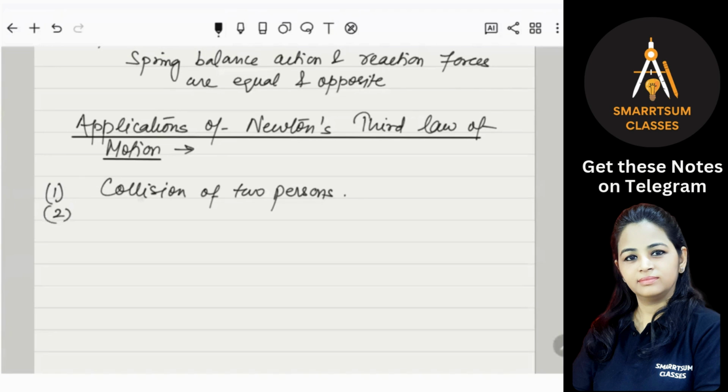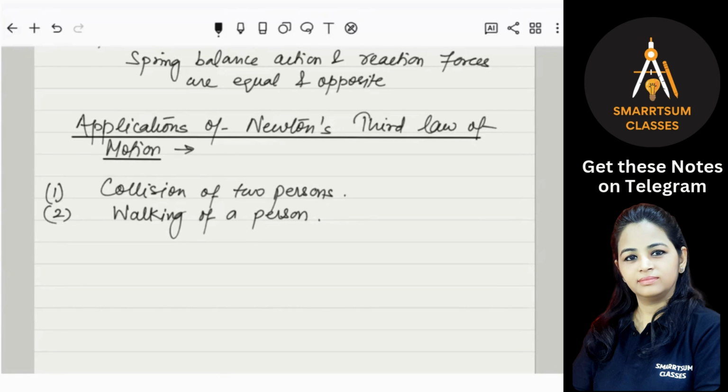Then the second example, walking of a person. How is a person able to walk on the ground? Because of Newton's third law of motion. During walking, a person actually pushes the ground in the backward direction, and in reaction, the ground also pushes the person with equal magnitude of force, but in the opposite direction.